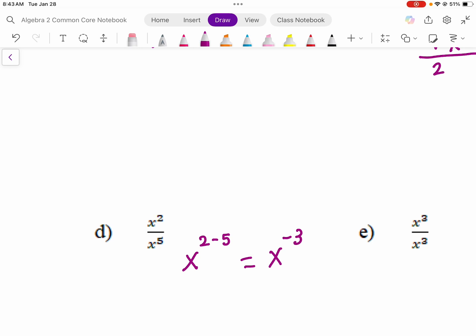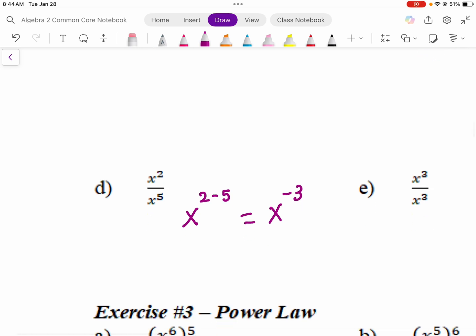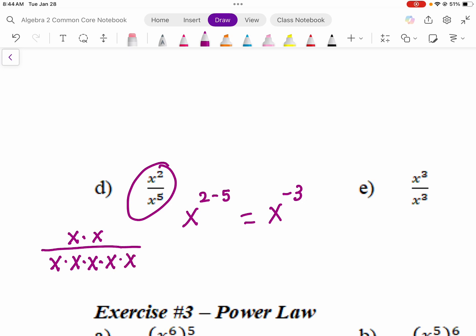Another way to think of this, instead of x to the negative 3, is if I expand it, I have x times x on top, and then x times x times x times x times x on the bottom. I have 5 on the bottom and only 2 on the top. The 2 on the top are going to cancel with 2 of them on the bottom, and I'm going to be left with 1 over x to the positive 3.